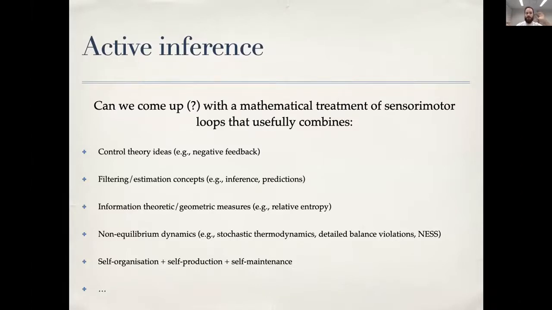Something coming from control theory, such as negative feedback; something coming from estimation theory, inference, predictions, information theory, relative entropy, KL divergence, mutual information; something that comes from non-equilibrium dynamics, so the study of systems that are far from equilibrium from a thermodynamic perspective; ideas from self-organization, self-production, autopoiesis, self-maintenance, homeostasis, and so on and so forth. Trying to find some theory that can actually capture all of these different ideas.